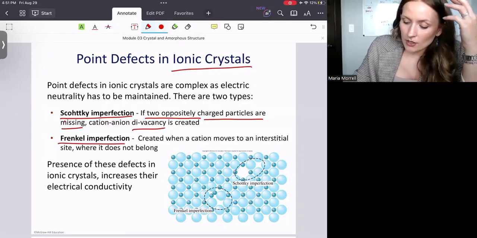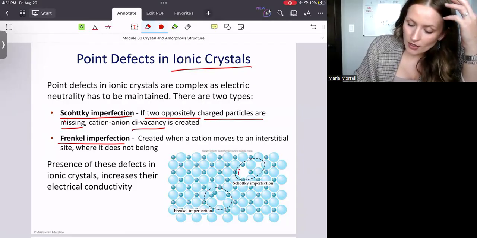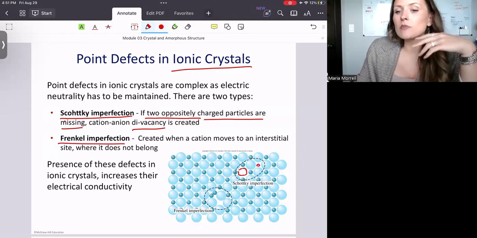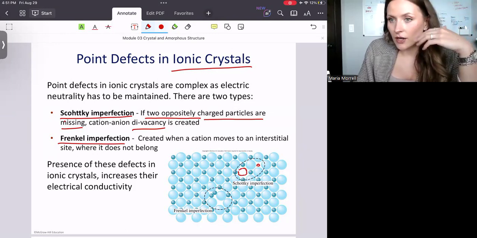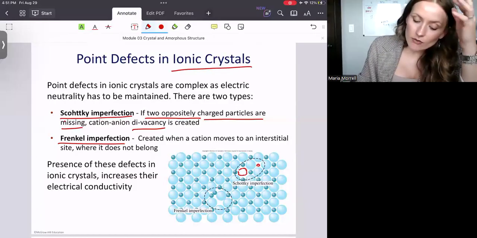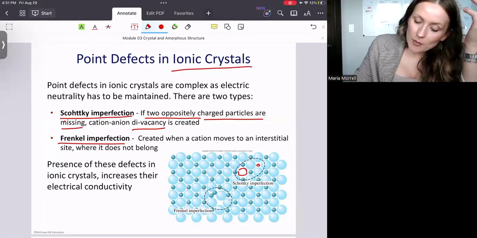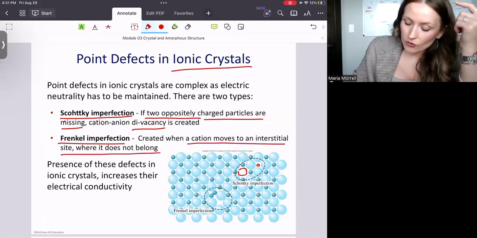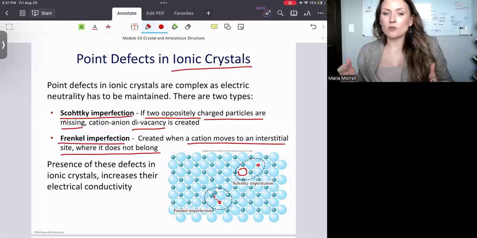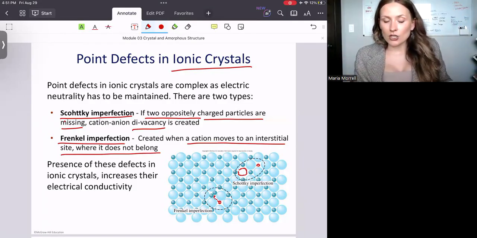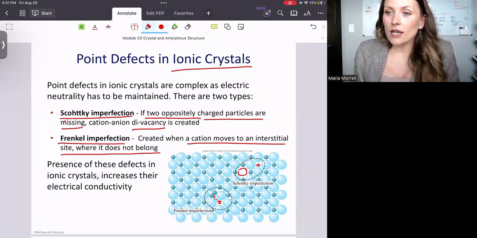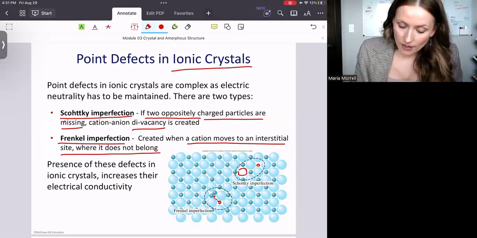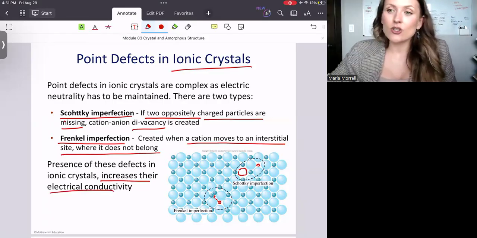And it's an example right here. You can see how you're missing this guy right here and you're missing this tiny guy right here. So you're basically missing a cation and an anion, right? So it's a divacancy. Now, the Frenkel imperfection happens when you have a cation that moves into an interstitial site where it does not belong. It's right here. So this guy moved from here to here where it does not belong, and we call it a Frenkel imperfection. In ionic crystals, the presence of these defects actually increases their electrical conductivity.